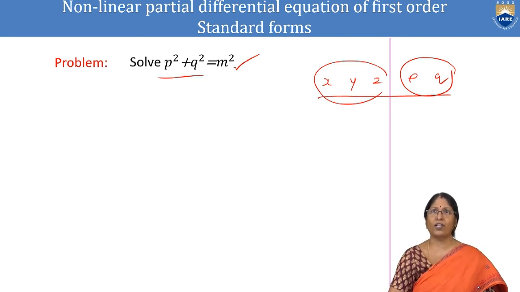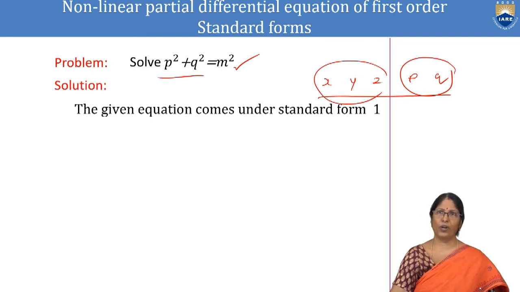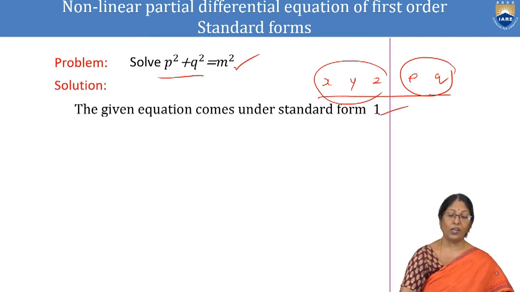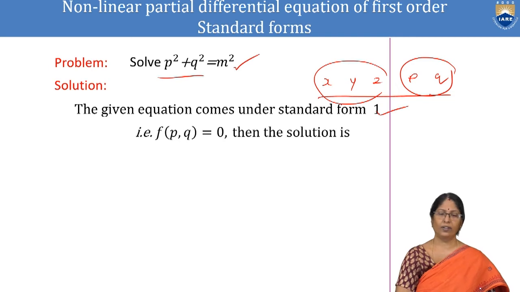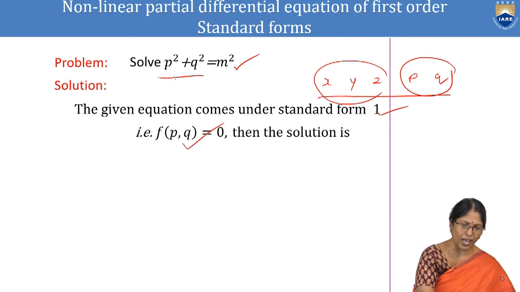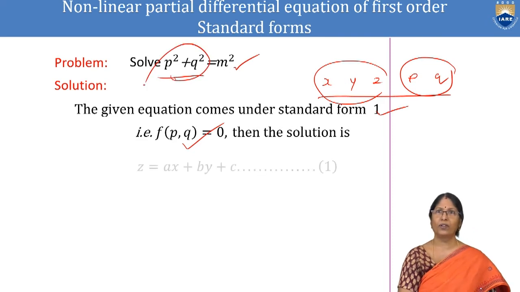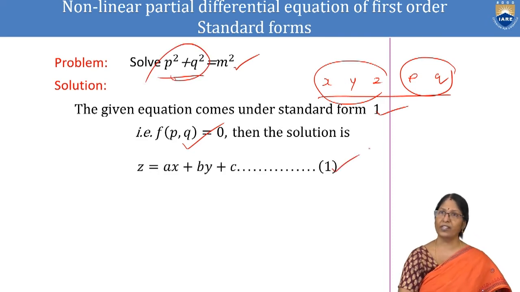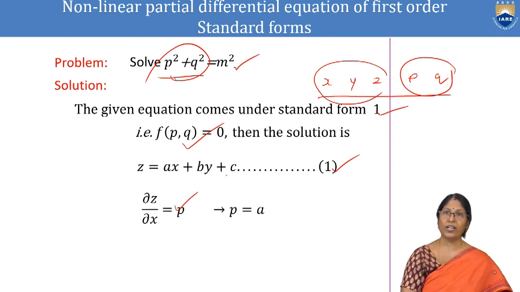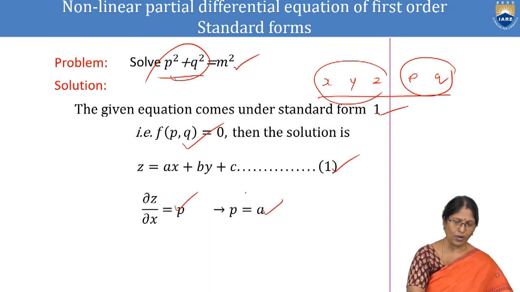Standard form 1, what are the steps? We know it. The equation comes under standard form 1 because f of p comma q equal to 0. It has only p and q, so this is the solution. It is granted already. So dou z by dou x equal to p, so p equal to a.